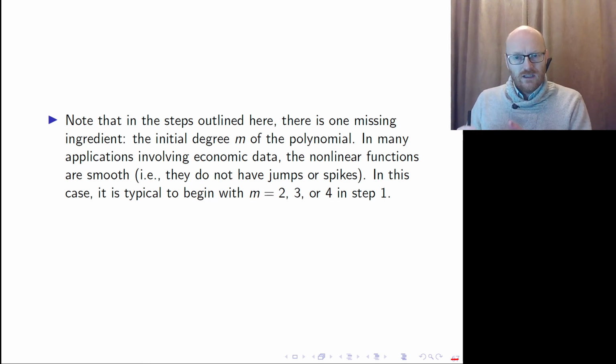Most of the times you would not pick any term with m more than 2. But in some cases you would pick even 3 or 4 in step 1 and just check it versus your data.